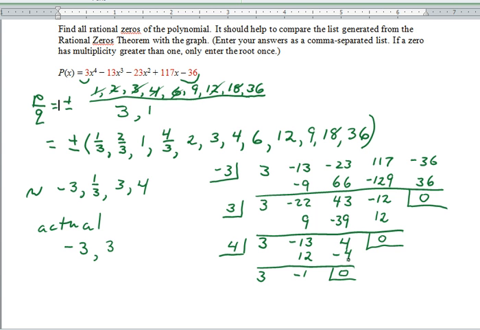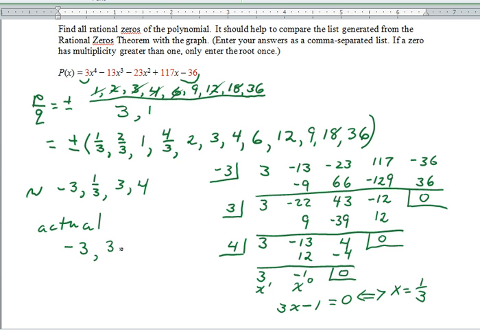This last quotient is degree 1. It represents 3x minus 1, since the -1 is the x to the 0 term, and 3 is the coefficient of x to the first. So our last linear factor is 3x minus 1. And we know that 3x minus 1 equals 0 if and only if x equals 1/3.